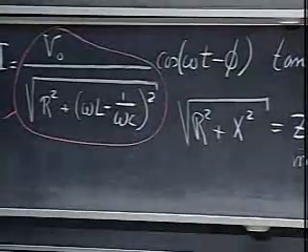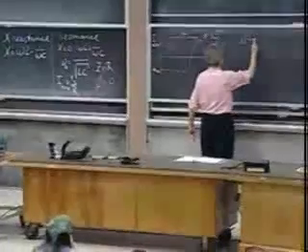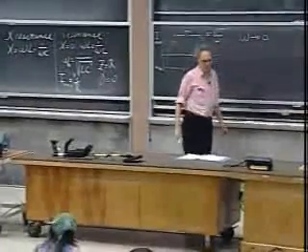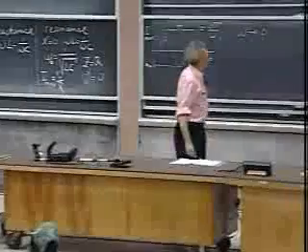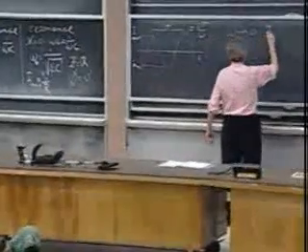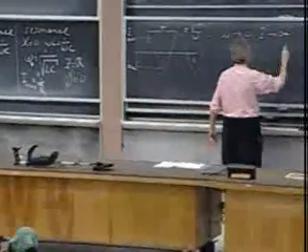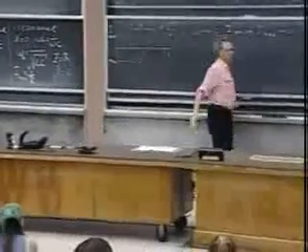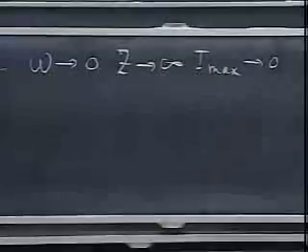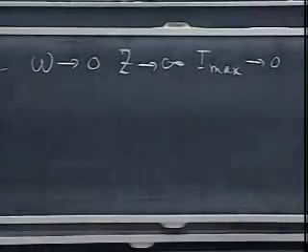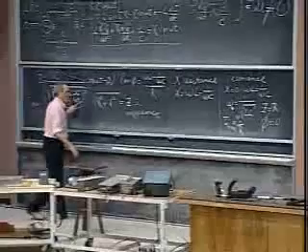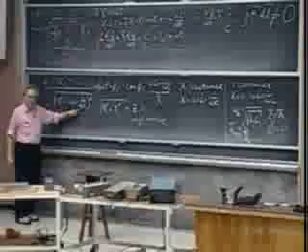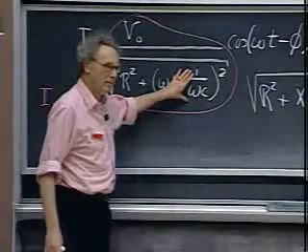If you start at a very low value for omega, let's say it approaches 0, then notice that Z goes to infinity, and so the maximum current becomes 0. And the person responsible for that is the capacitor. Because if omega goes to 0, this goes to infinity.